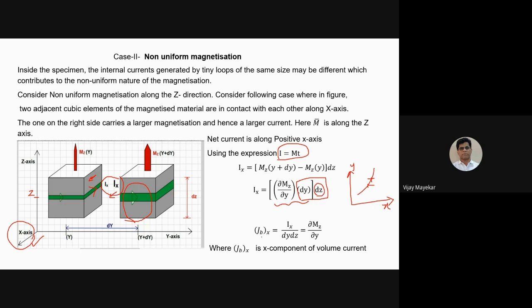So Jbx, because the current is flowing along the x-axis direction inside the volume of the specimen, we get in terms of the change in Mz with respect to the change in y direction. How Mz changes when we go along the y-axis direction: that change in Mz with respect to change in y gives us Jbx, the volume bound current density along the x-axis.